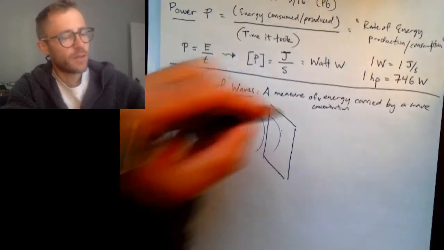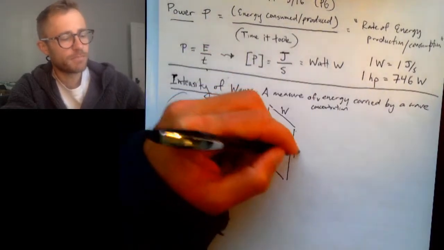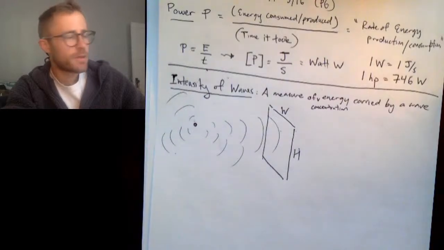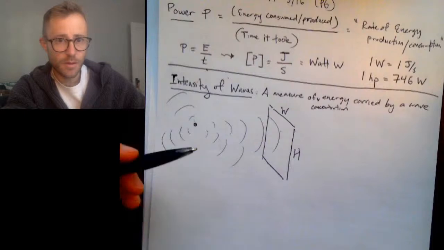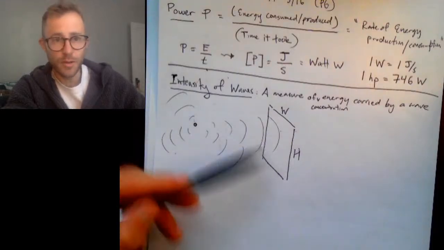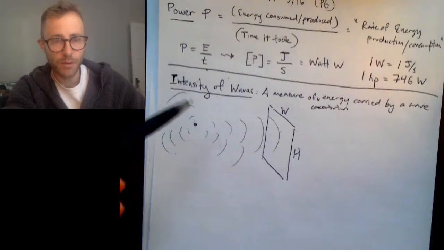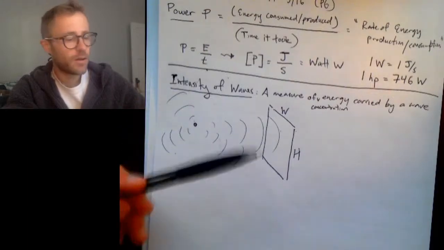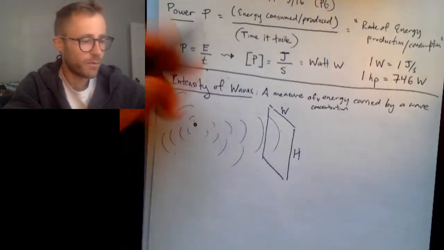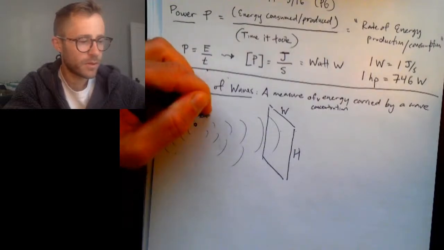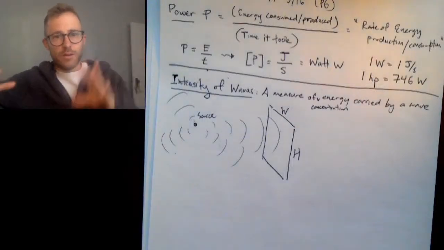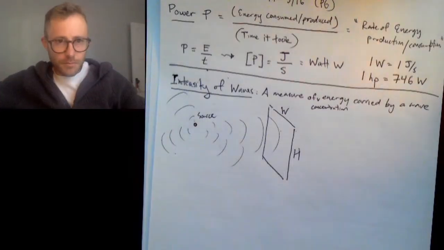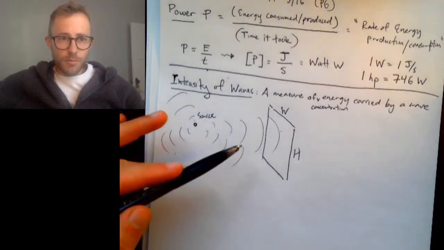It's a wall, it has a certain width and it has a certain height. And it is absorbing the power, some energy per time, from the source of the wave. The source is sending out waves, and some of those waves are hitting this wall and being absorbed by the wall.